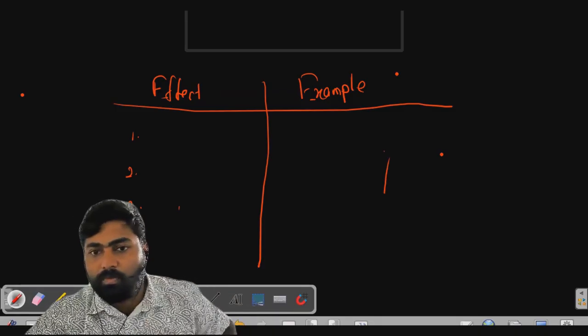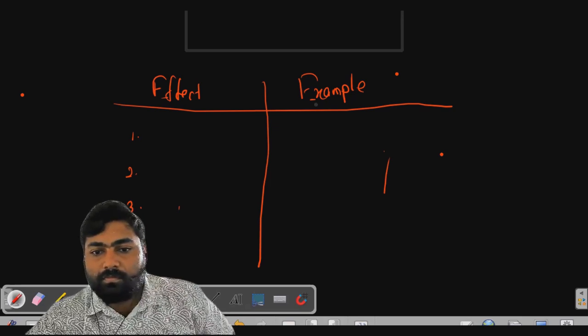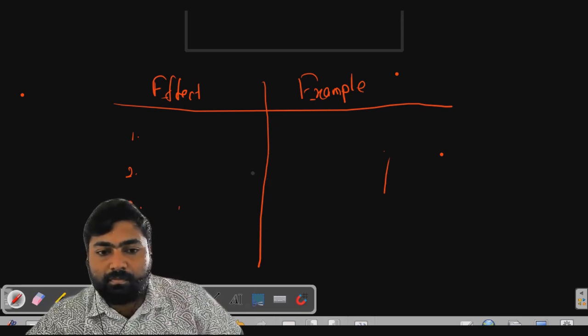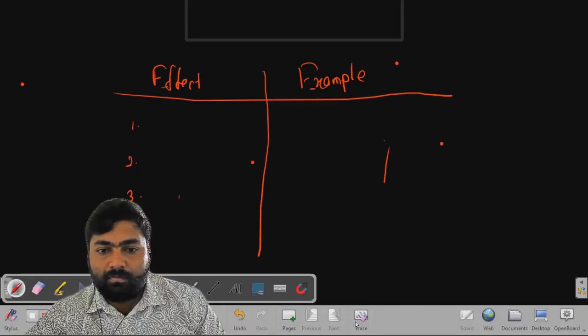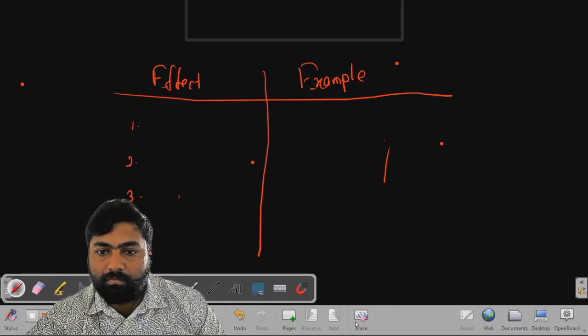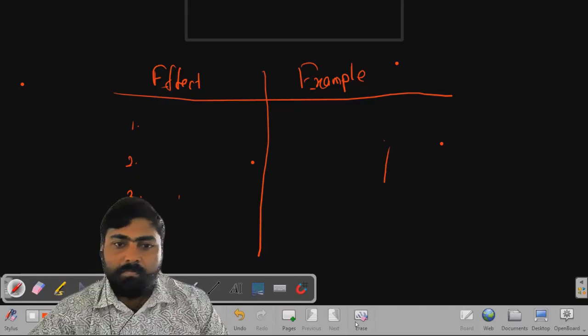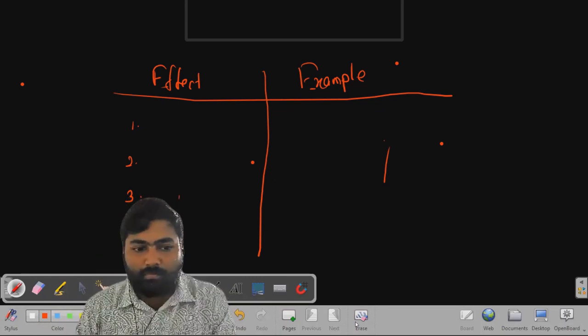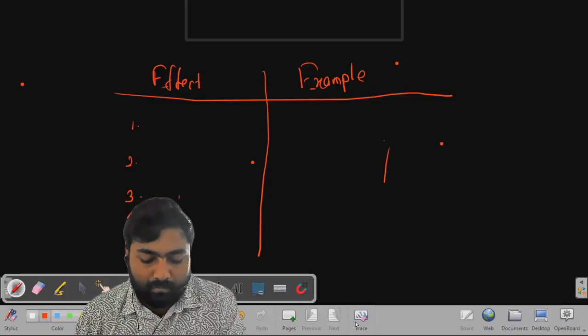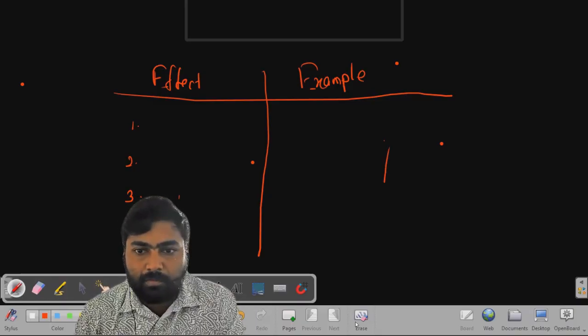Change in the direction of a moving ball. Finished.